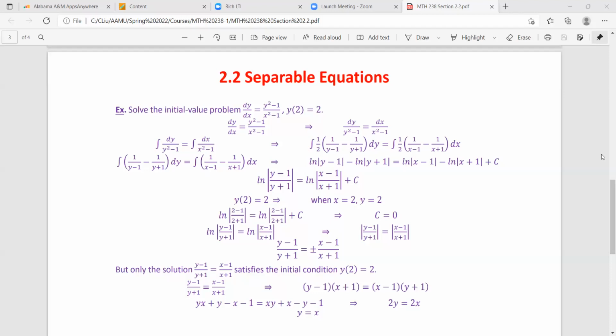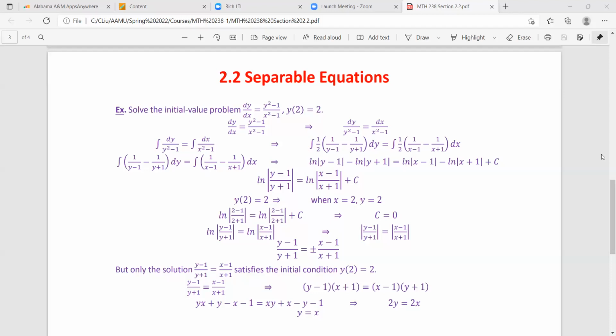Now we have to use the initial condition again to determine which solution is actually the correct solution to the initial value problem. If you plug in 2 for x and 2 for y, then you will see only the plus sign is valid.